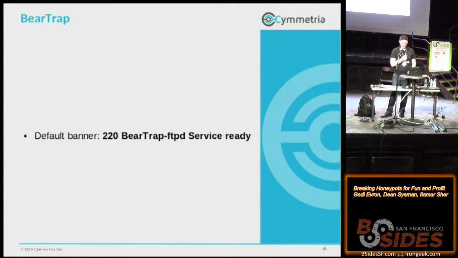So, for example, if you use the FTP service for Bear Trap, this is the default banner that you get. And I don't know how many landmines that have a sign saying landmine work, but this specifically is a bad example. And we also wanted to find something that, no matter how you configure it, still works.